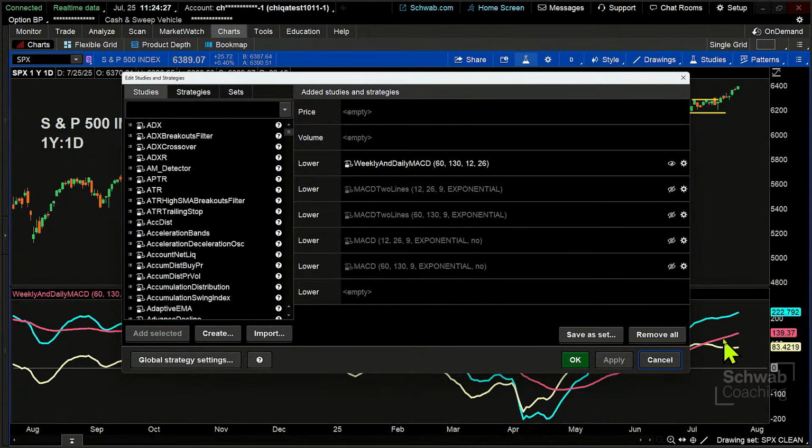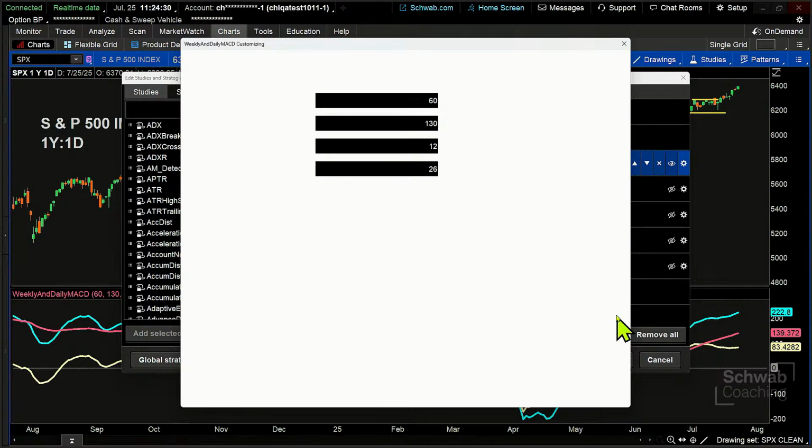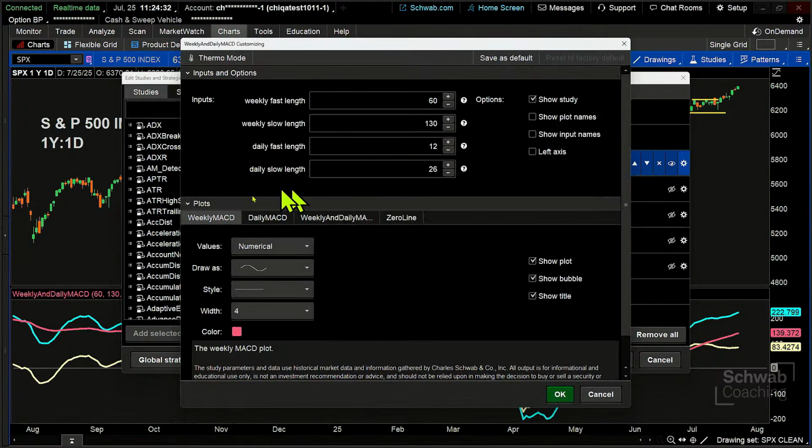So now I'm going to come back to the gear icon, and we can see, look, here's our weekly time frame of our MACD, and here's our daily time frame of our MACD. Our daily time frame is 12 and 26, and our weekly is 60 and 130, which is 5 times 12 and 5 times 26, and that gets us to that range we just did using 5 times the daily information.